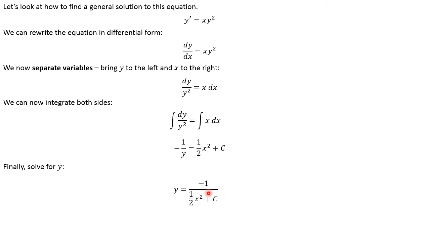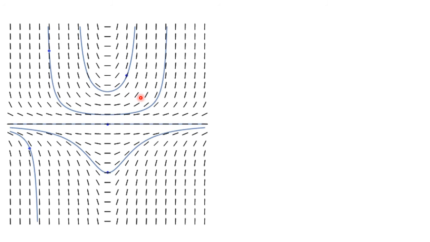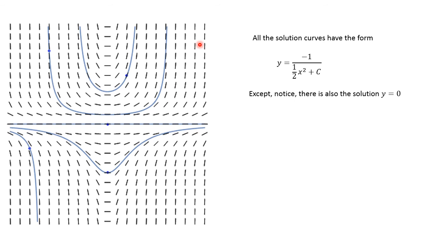Meaning that no matter what value of c you choose here, what you have is a solution. So the different values of c give rise to all these different curves. You can let c be any number, anywhere from negative infinity to infinity, and it gives rise to every single one of these curves you see, except for this flat one corresponding to y equals 0.